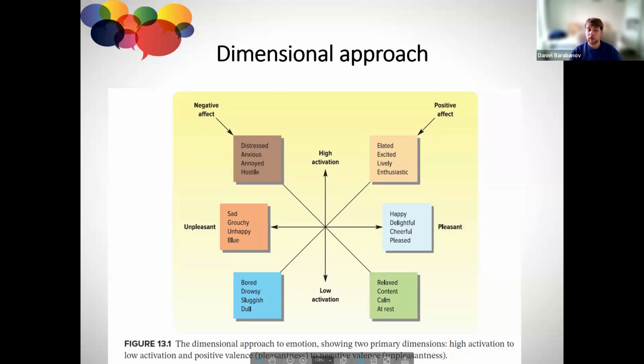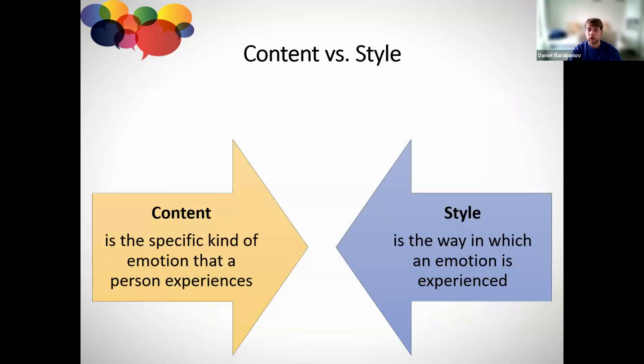But it doesn't address the problem of what is the qualitative difference between expressing and experiencing those emotions. So this is the weakness of this approach, and there is no correct answer to this question, how you actually should research emotions. And the final debate is content versus style.